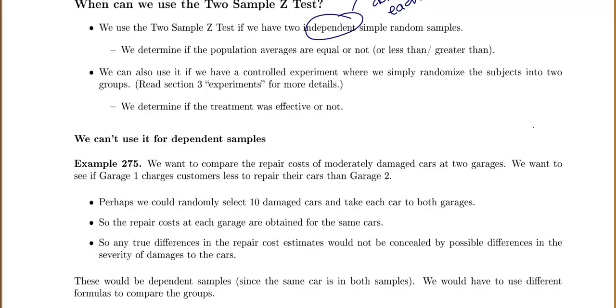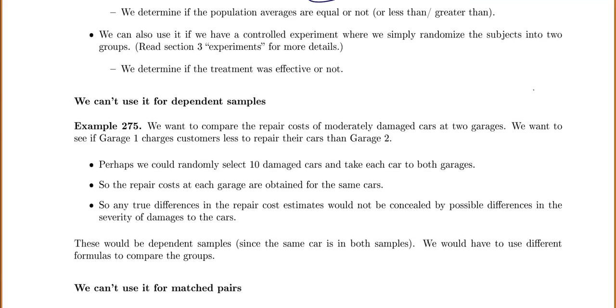And that way, it's not seeming like one garage is more expensive just because they happen to get more heavily damaged cars, because each garage looked at the same cars. And so any true differences in the garage costs wouldn't be concealed by just the severity of the damage to the cars. Now these would be dependent samples since the same car is in both samples. And we would have to use different formulas to compare the groups.